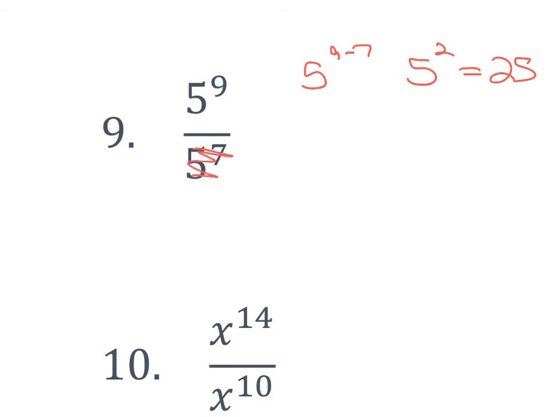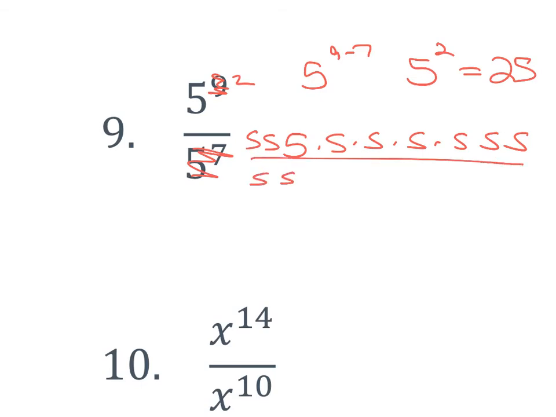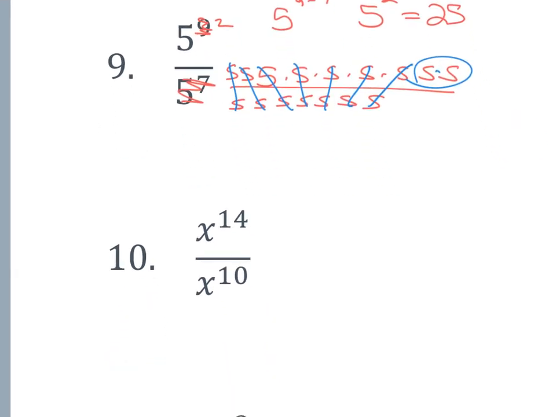I could take 7 out of this one and leave 2 behind, or I could write out 5 9 times. 4, 5, 6, 7, 8, 9. 1, 2, 3. And then write 7 on the bottom. And then look for things to cancel. And then however many don't cross off. And there's 2 left, so 25. However you want to tackle these.